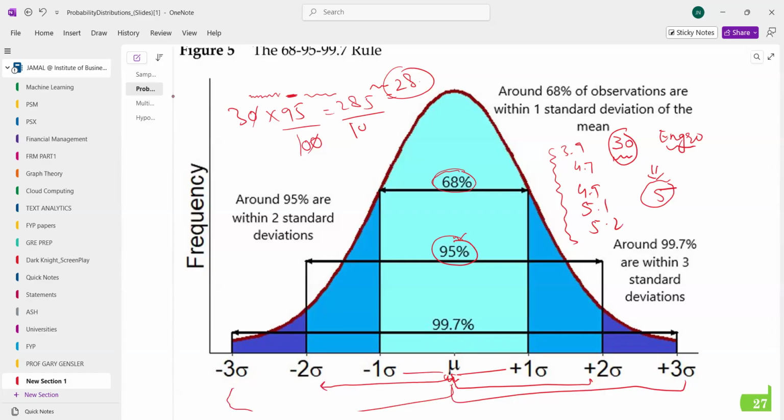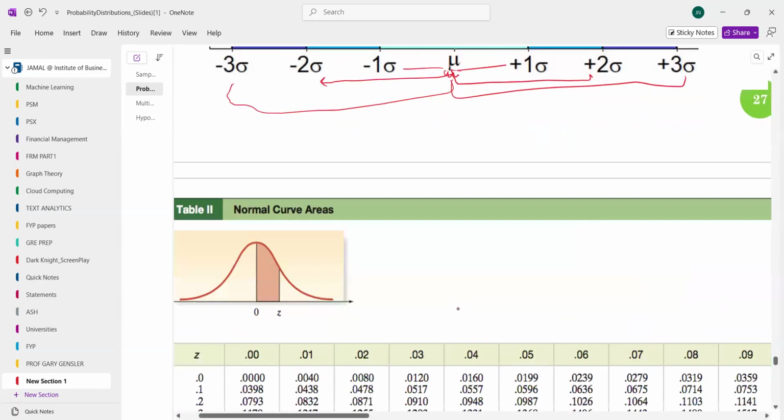Maybe the stock price went from 50 rupees to 1 or 2 rupees, so that could be considered an outlier. Even from the 99.7%, there's a chance to leave out that outlier. Maybe it is here or maybe here, and you cannot capture it in your three steps to the right or left, or two steps. This is what it refers to.